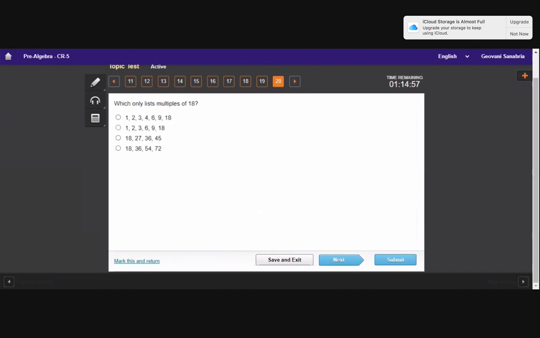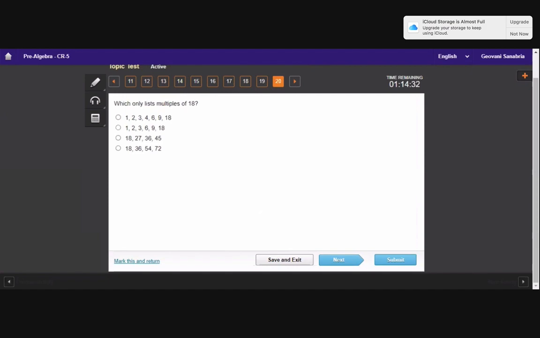So it's definitely not C. Correct. It's not that one. So it's going to be the last one. Yeah, it's going to be the last one, because if you start with that number, with 18, you can only go up.